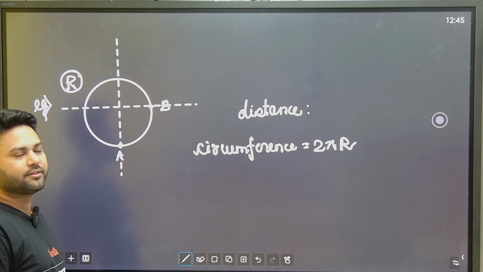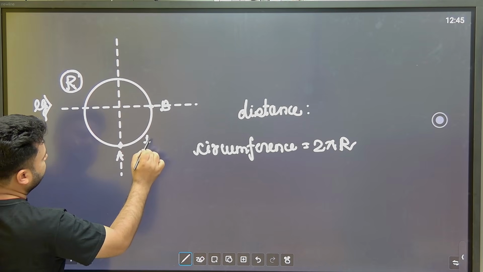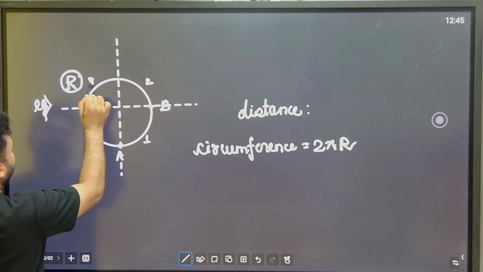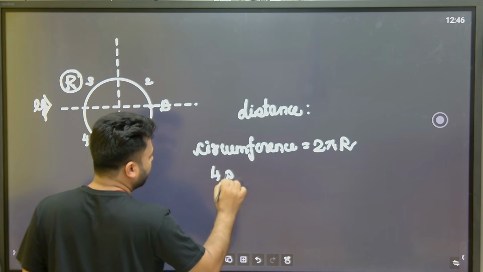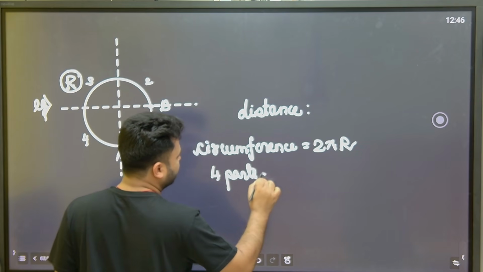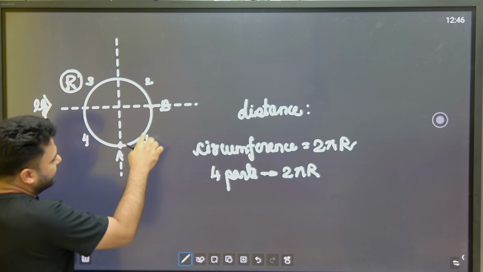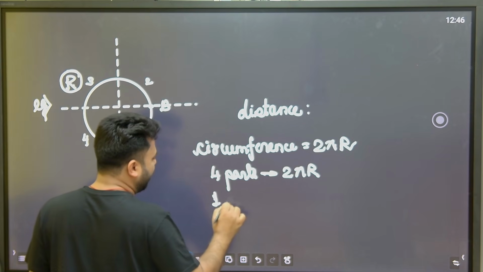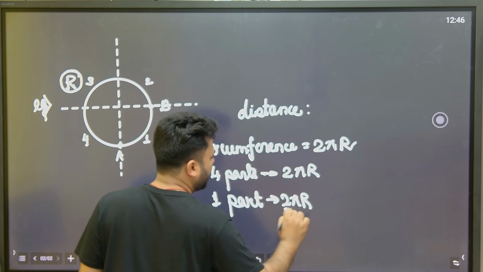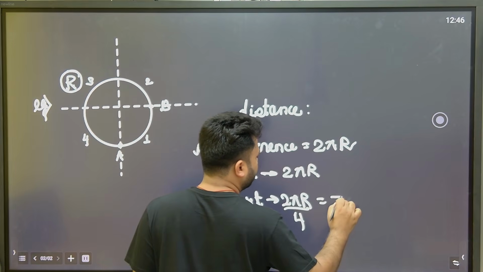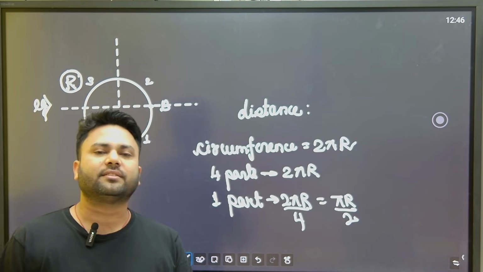Now you can see this circumference is made of this one part, second part, third part, and fourth part. So 4 parts constitute one circle whose length is 2 pi r. But we have to find the length of one part. So by the unitary method, one part length will be 2 pi r by 4, that is pi r by 2. This will be the distance in this case.